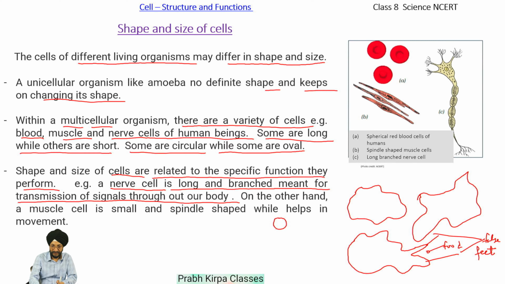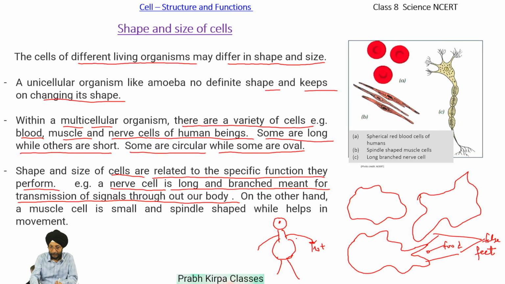We understand with the help of an example. Suppose this is a person. Here is our brain. If we touch anything which is hot, if we put our hand here, we immediately feel that the particular substance is hot, and we withdraw our hands from that hot substance.